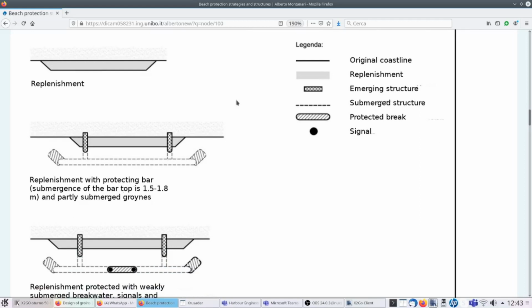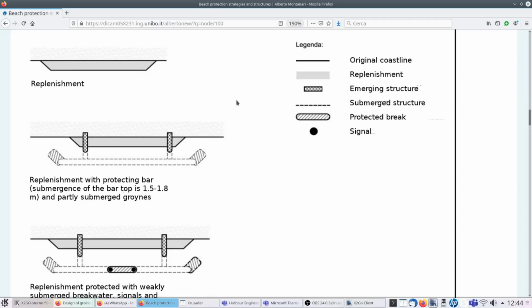Usually we identify with the term submerged breakwater a structure that is weakly submerged, like 0.5 meters, with respect to average sea conditions. When we talk about submerged bar, the submergence is higher. You see here 1.5, 2 meters, and the bar is, of course, an artificial bar.